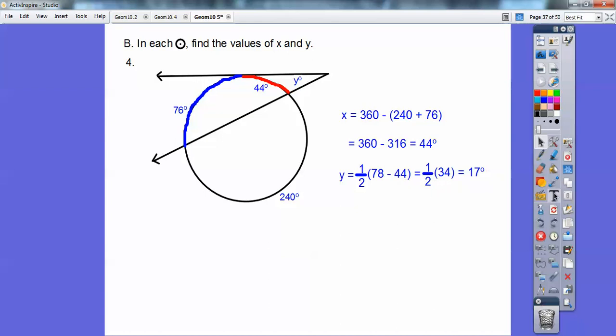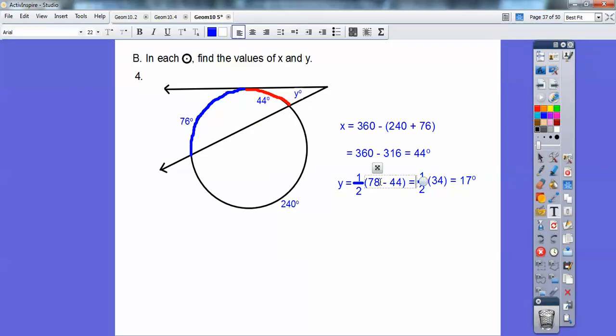Let's fix that real quick. 76 minus 44 is going to get me 32. Sorry, I make mistakes all the time in class. My kids catch me all the time. So 16, is that right? Did I get that right? 76, 32, I think so. If not, you guys will tell me.